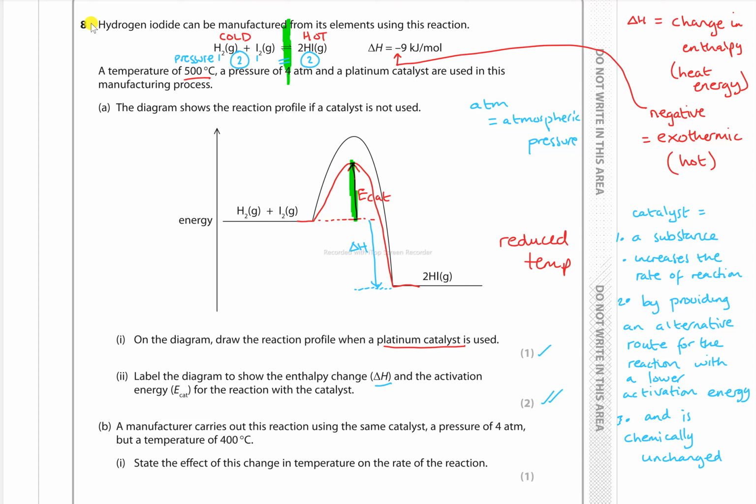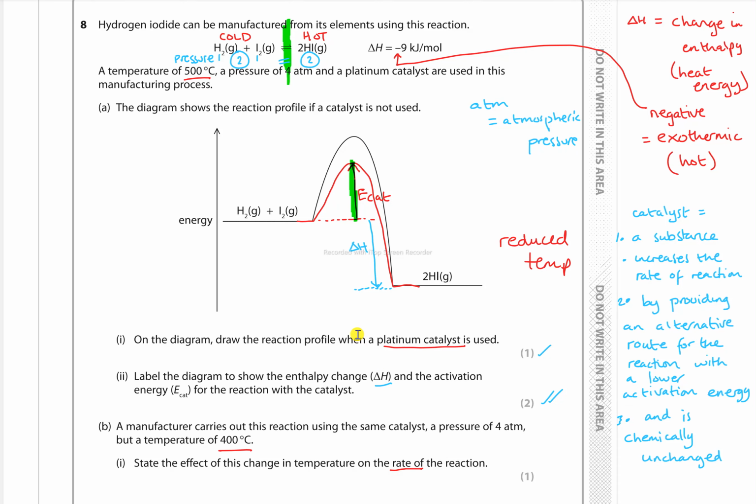So we've reduced the temperature, so the system wants to go to the hot side, so it'll go this way. Right, okay, so we know the equilibrium will shift to the right because the forward reaction is exothermic, but they are asking for what? The rate of reaction.